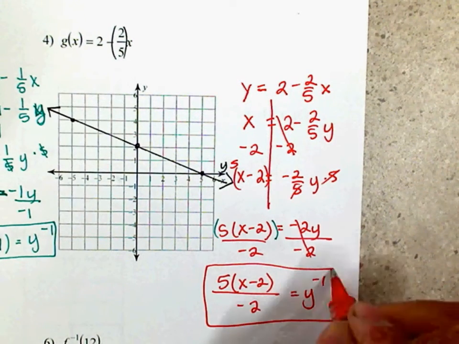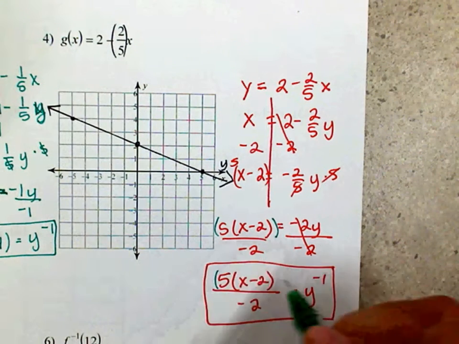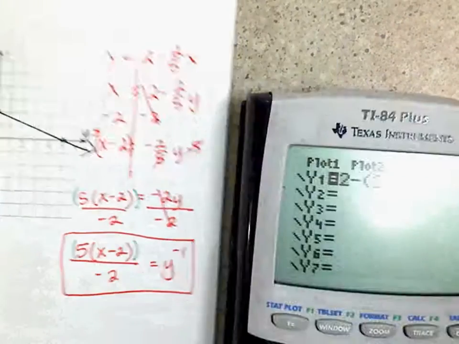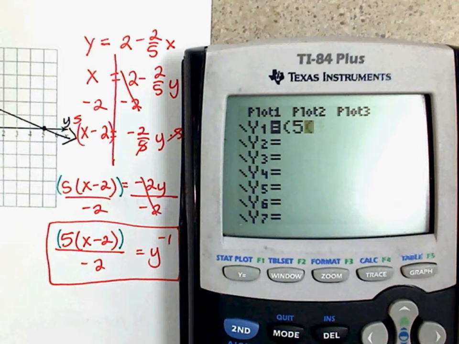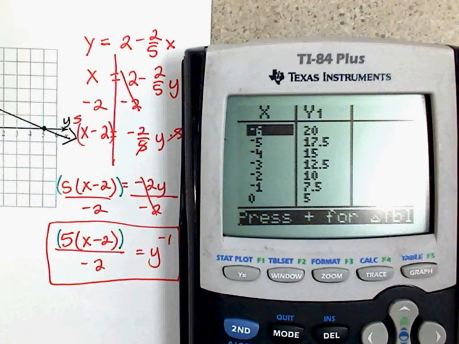Add my extra parentheses. So when I type it in, I'll get it right. Here we go. Just like that. Clear. Parentheses, 5 parentheses x minus 2 in parentheses, divided by negative 2. So we just type that in. Second table. Let's go find some numbers that is easy to find.